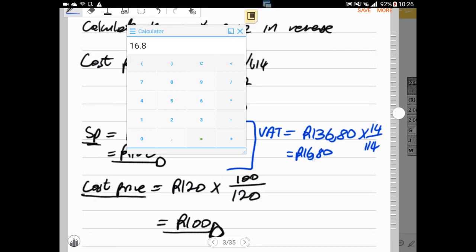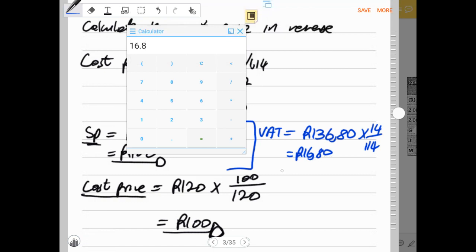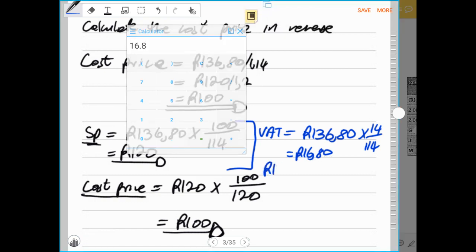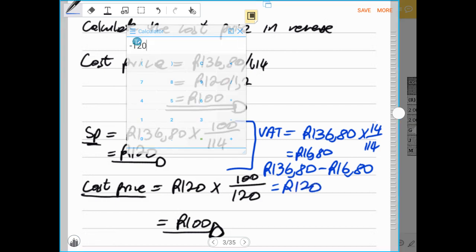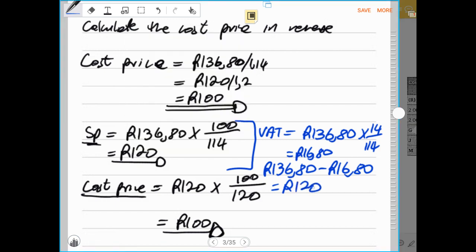Then we can say 136 rand 80 cents minus 16 rand 80 cents. This will give us the same selling price of 120. So however way you do it, it does not matter, at the end you still get to the same selling price, which is 120 rand.